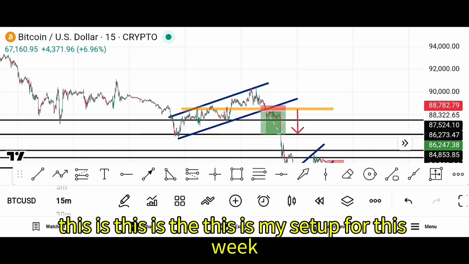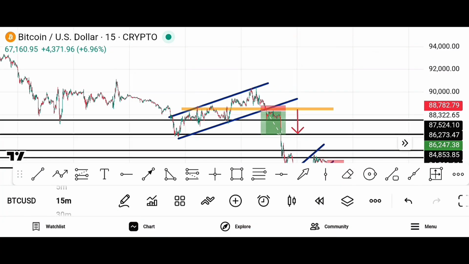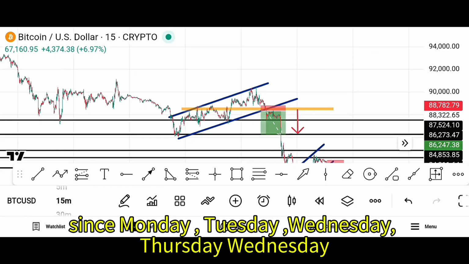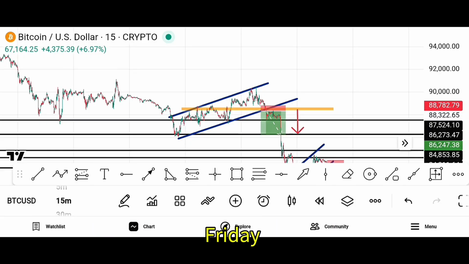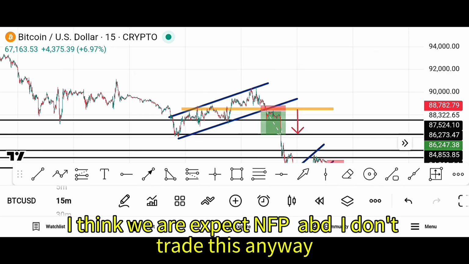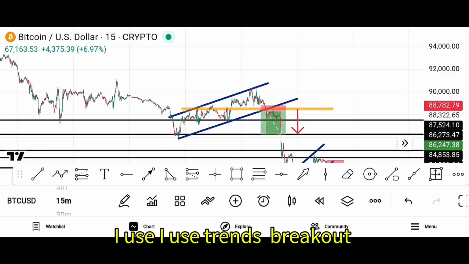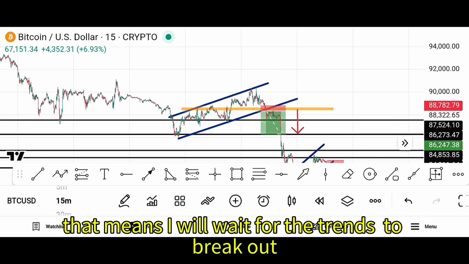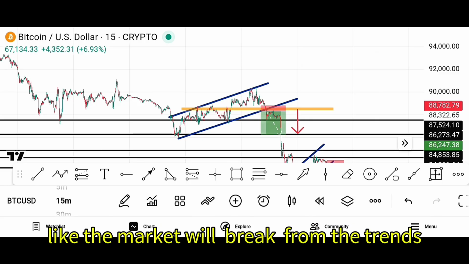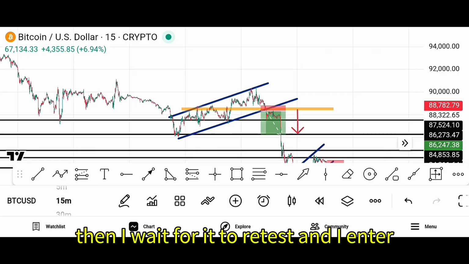This is my setup for this week, since Monday, Tuesday, Wednesday, Thursday, and today is currently Friday. I expect a fake-out. I don't know how to trade this. Anyway, let's go. What strategy do I use? I use trendline breaks. That means I wait for the market to break out from the trend, then I wait for it to retest, then I enter.